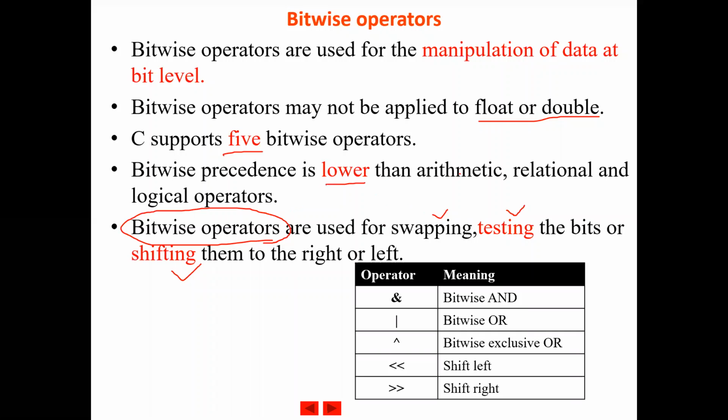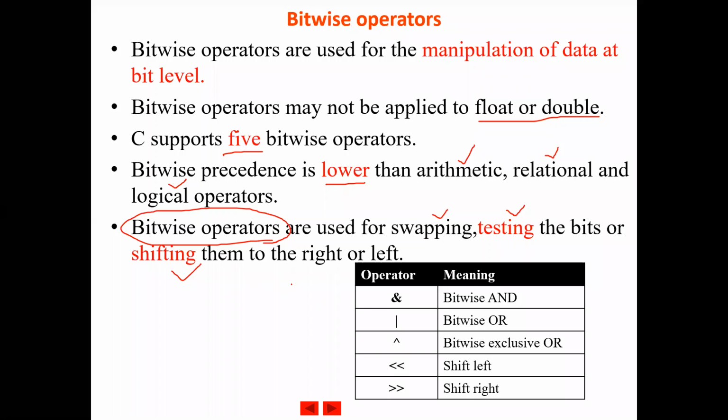So in an expression with arithmetic, relational, logical, and bitwise operators, it will be solved at the end. First we solve arithmetic, then relational, then logical. After that only we consider the bitwise operators. Got it?